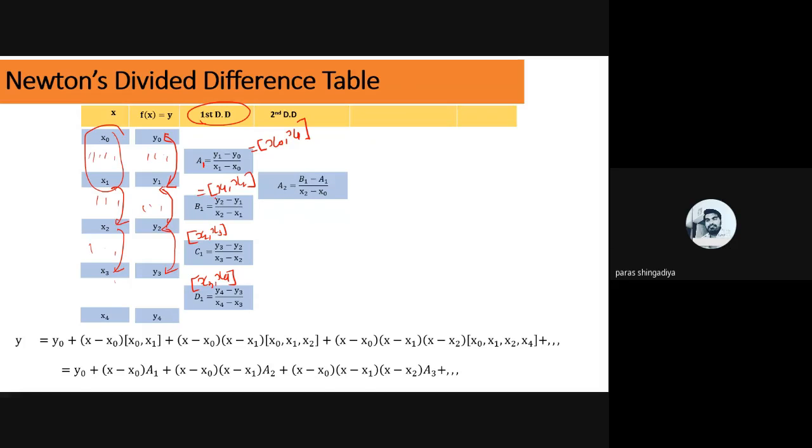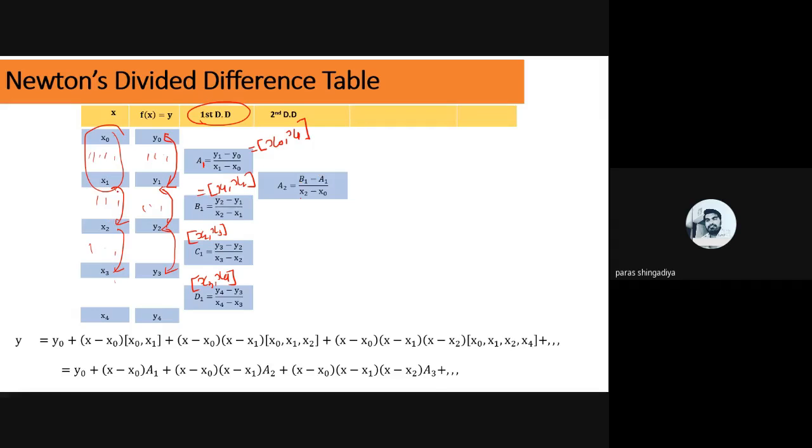Both values are in between x0 to x2, so the difference in the denominator will be x2 minus x0. Here earlier we considered 2 consecutive values, and now we consider 3 consecutive values, x0 to x2, and here we consider x2 minus x0 in the denominator.